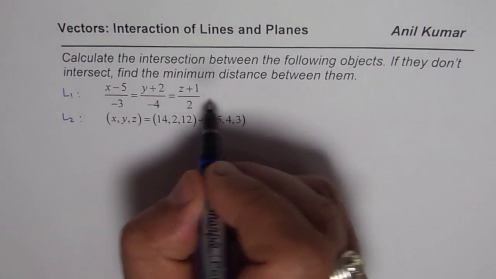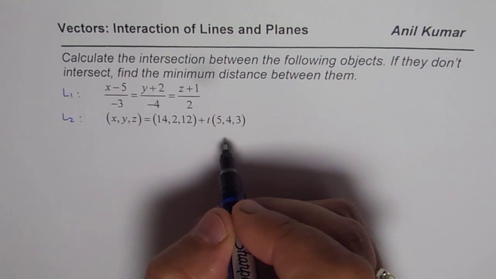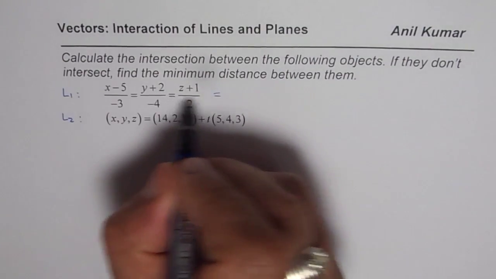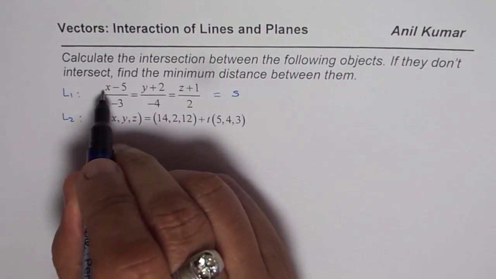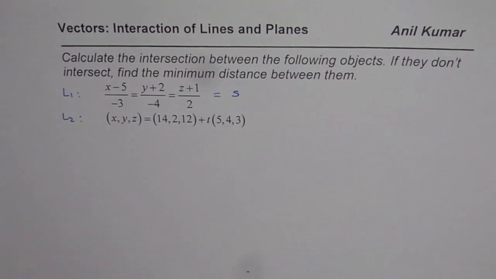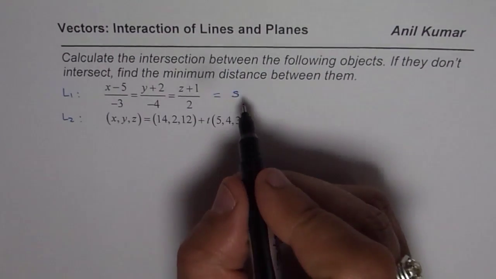So what we can do, to solve for the point of intersection, is write down the first equation as equals to s, so that we could write what x, y, and z are in terms of the parameter s. As you know, a line has got one parameter, and that is why it is a line.